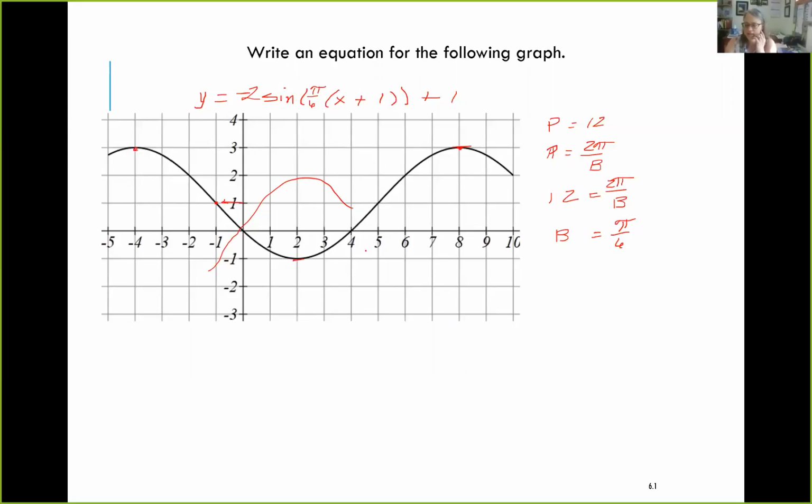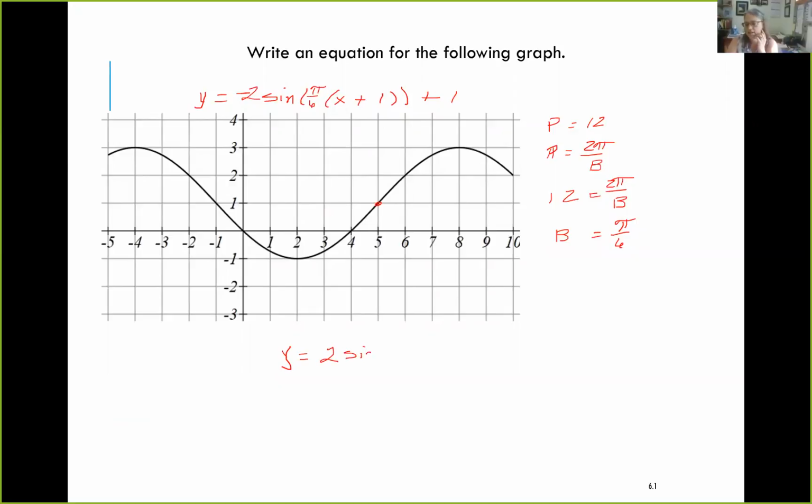Now, I also said that you could choose to shift this the other direction. So let's just take a look at that real quick. So I chose that point just to the left of the origin as my midline point. Let's see if I choose this one. If I choose that, then I'm going to have y equals, my amplitude is unchanged.